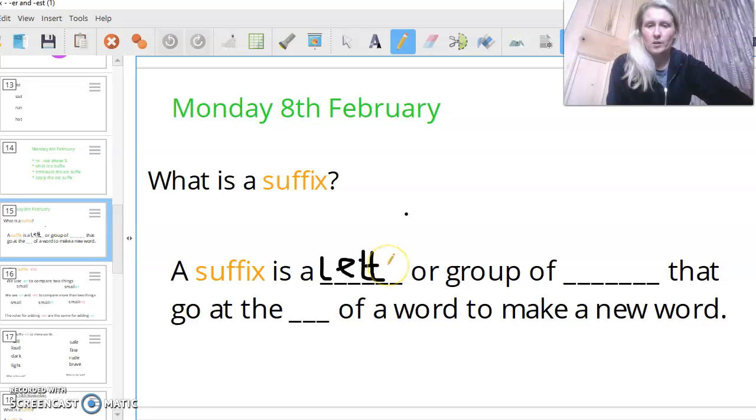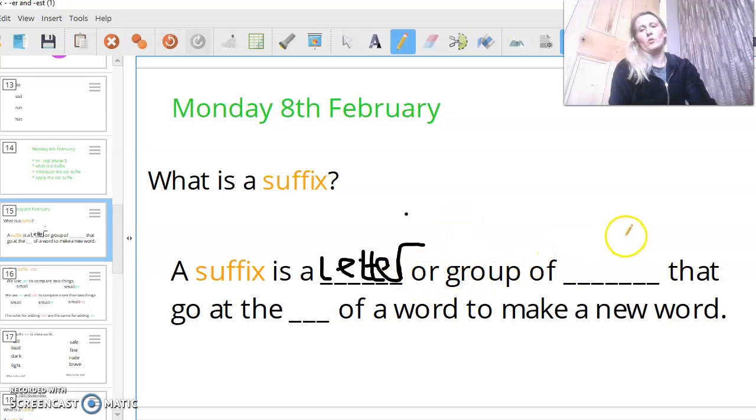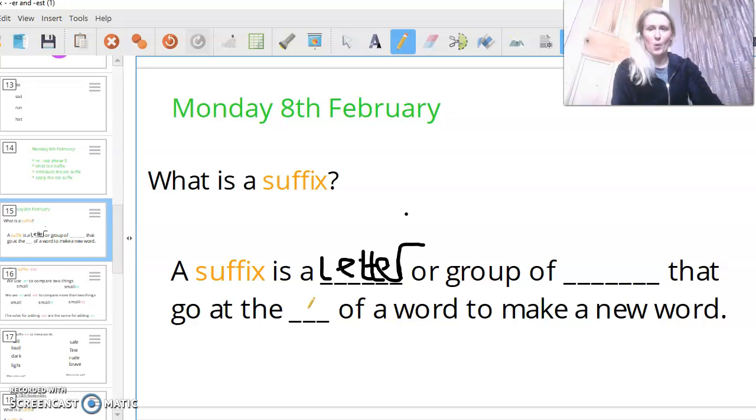Oh, sorry, this isn't working very well, is it? The suffix is a letter or a group of letters that go at the end of a word. Well done.